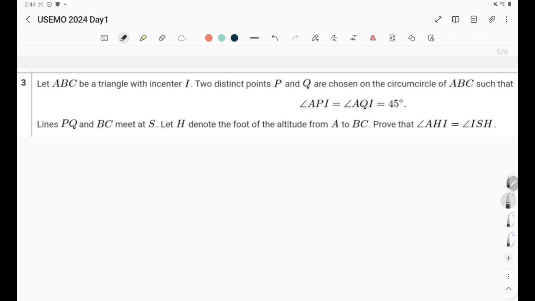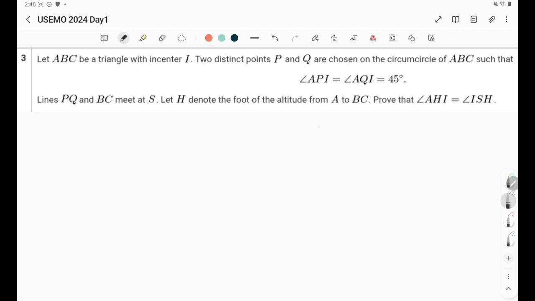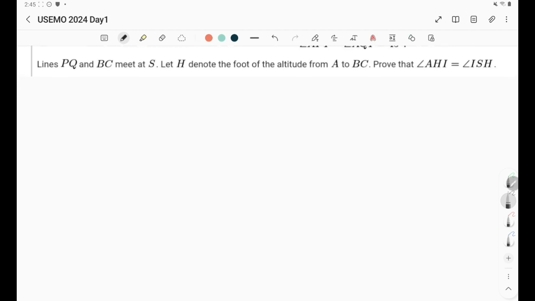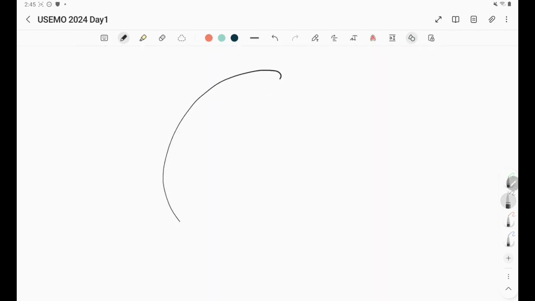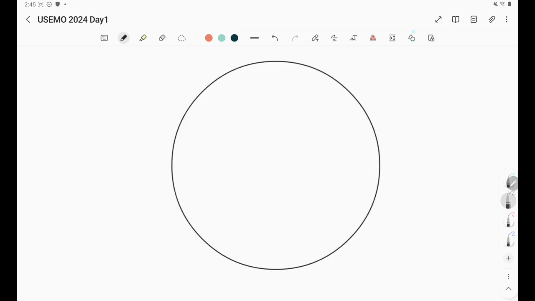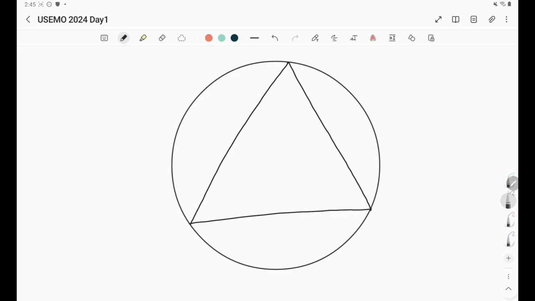Okay, let's start with a diagram. So basically, the question is kind of simple regarding the points. We don't have that many points, so let's immediately start by just drawing a circle and a triangle. Let's say I is here. We need to choose 2 points such that, of course, we need to project this as well.